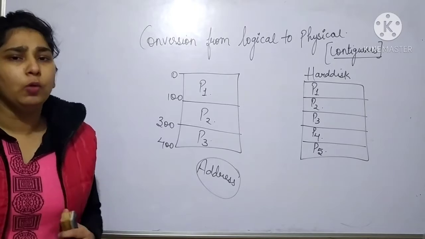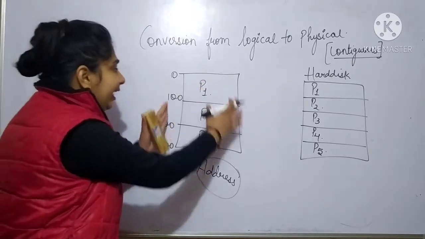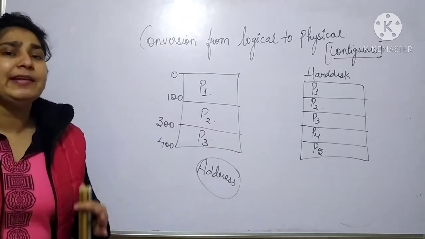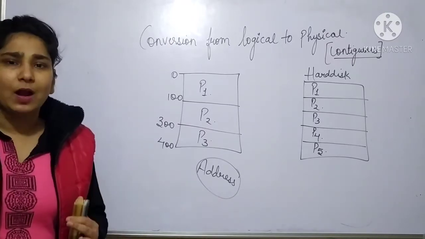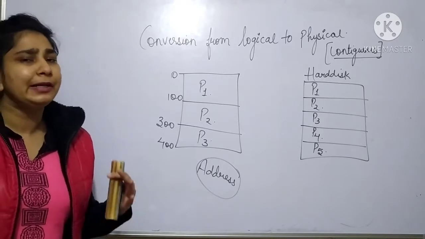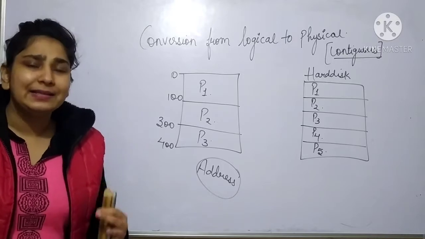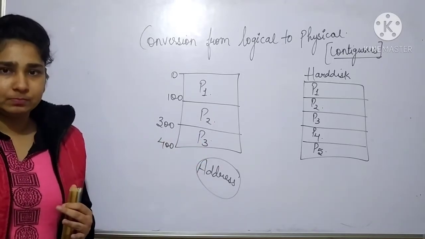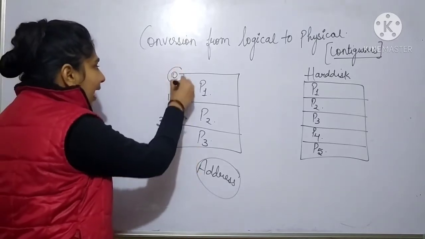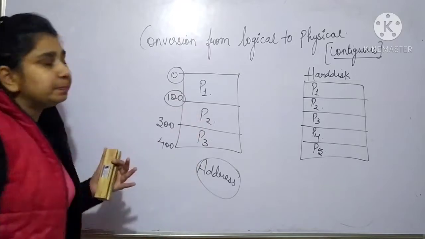Like we live in a home, we have a home address. Similarly, in main memory, each and every instruction is stored at some particular address, and with the help of that address, we are going to fetch that instruction. So this is how I am giving memory addresses here.